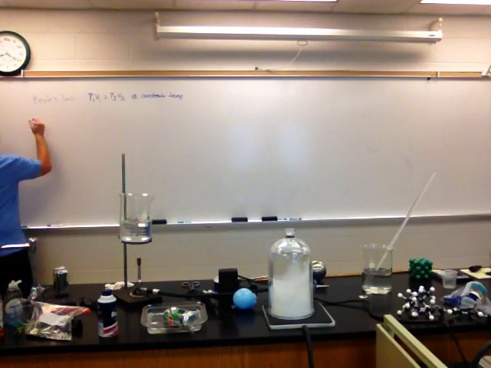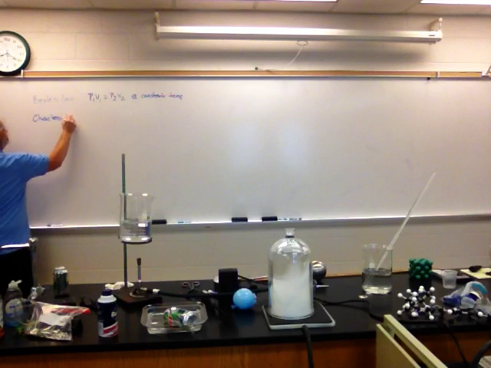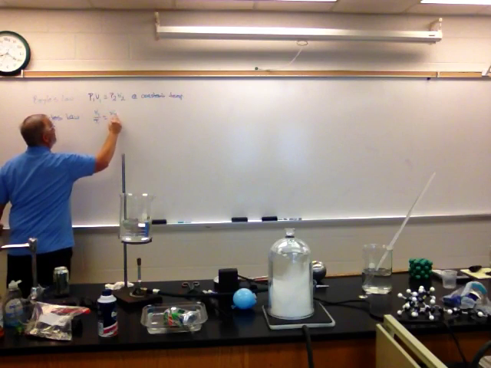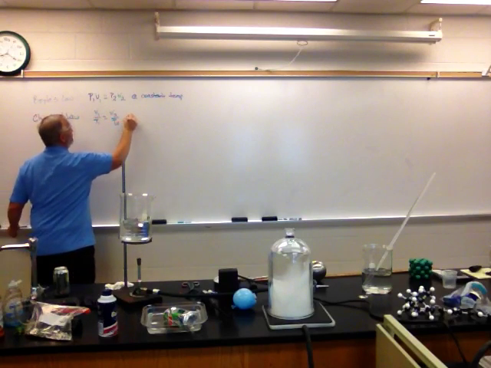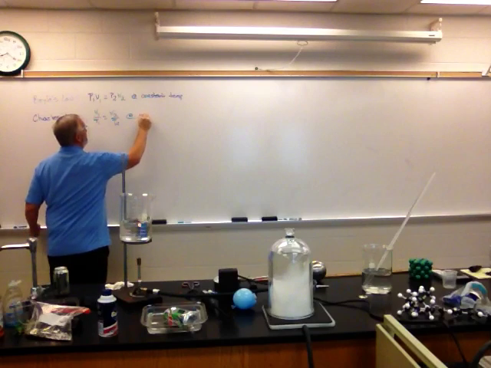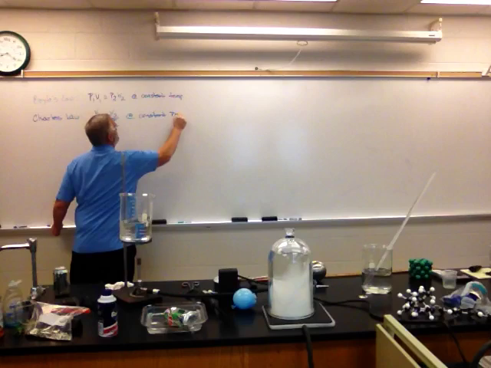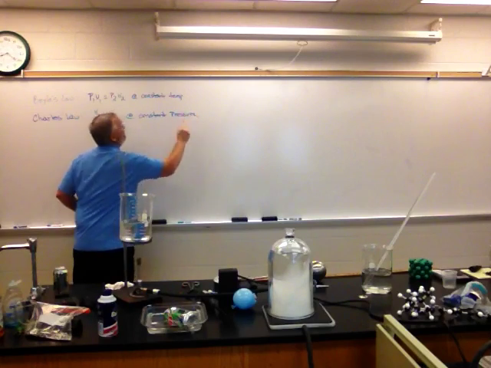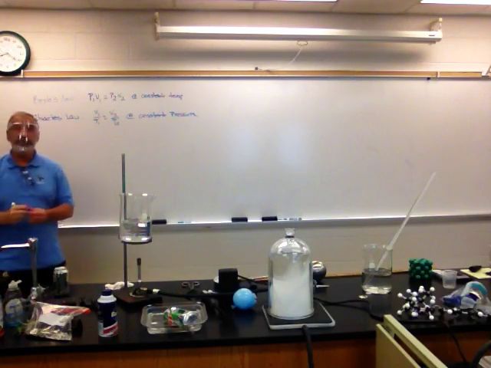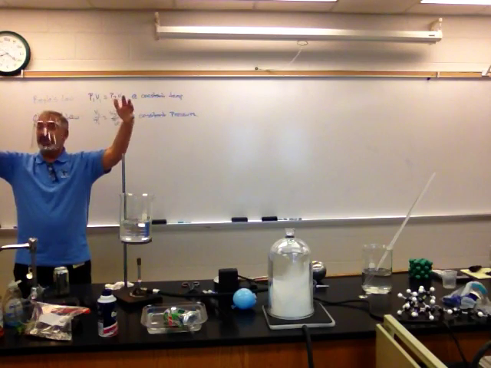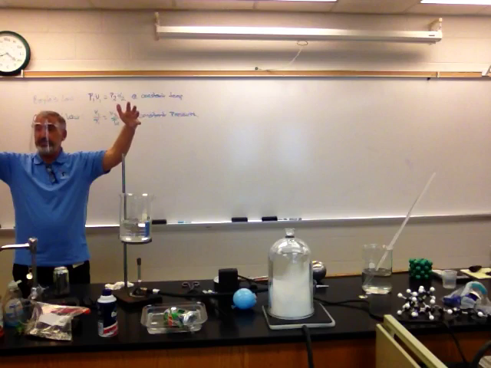Then we had Charles' law, which says V1 over T1 is equal to V2 over T2, at constant what? That's with a hot air balloon. We have the big fire, it heats up the balloon and spreads it out, but it spreads out to keep the pressure the same inside and outside.